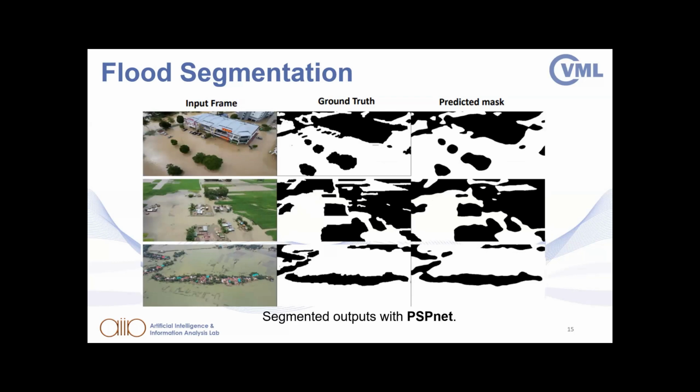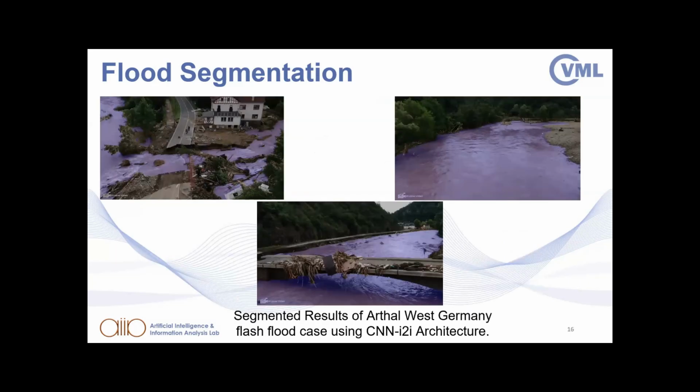Also, this is the output of another architecture called PSPNet, which has approximately the same results as the previous model. Also, this is another example of flood segmentation.